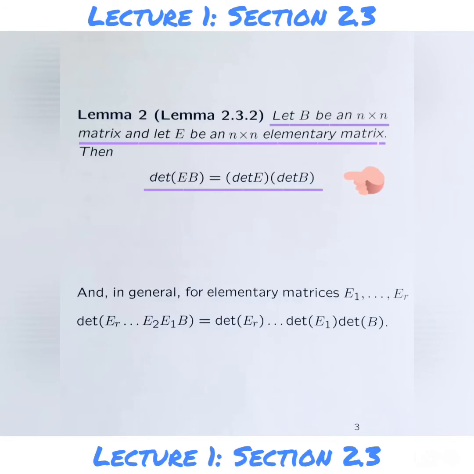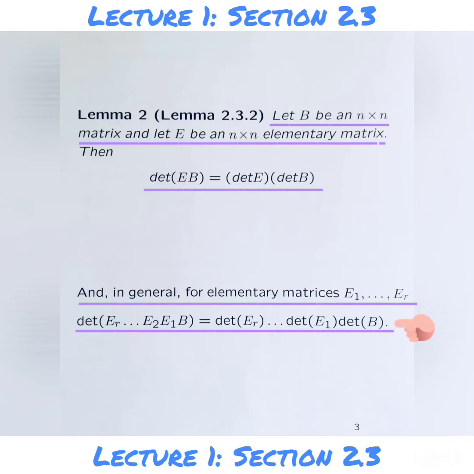If you take the product of a sequence of elementary matrices and multiply that whole product with another matrix B, then the determinant distributes over that whole product in the way illustrated here in the last two lines of this page.